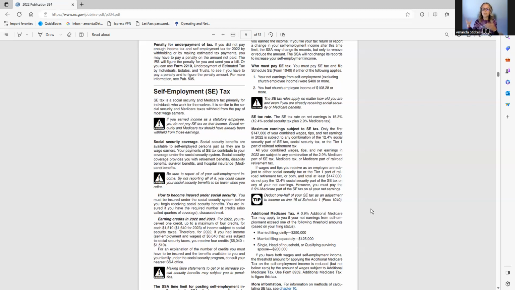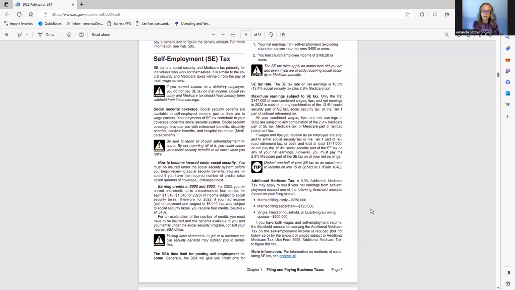Everything is subject to the Medicare tax. So just be mindful of that. And then you get a slight deduction of 1/2 of your self-employment tax as an adjustment to your income. So that helps lower your taxable income on your 1040.